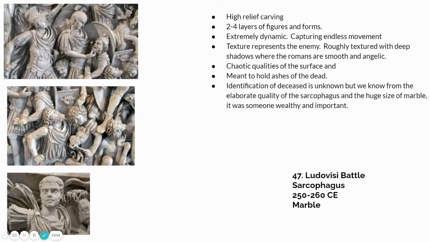And then behind that, you have another figure. I mean, it's absolutely amazing the amount of depth and layers that this was carved. It was just extremely skillful and definitely needs to be notable when talking about this piece.